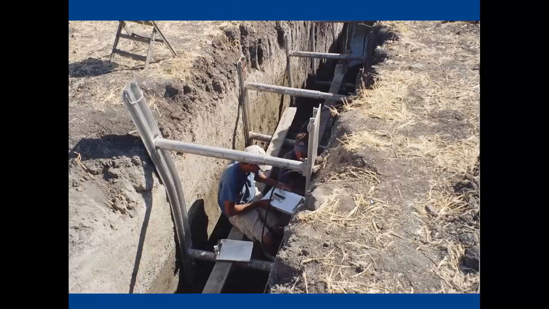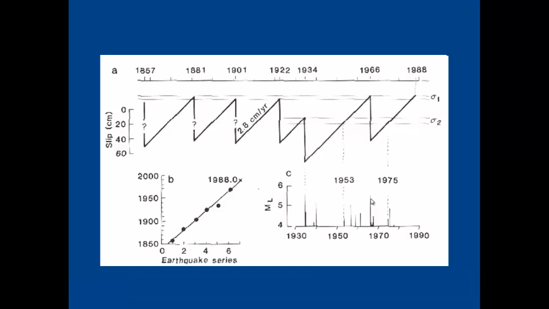The way to map this out is to actually trench across the fault and map the layers that are offset from earthquakes that had occurred in the past. So once you find the fault, you can actually see layers where they break and cut across each other. And what we found there is that in 1857 there was a big earthquake. So there's a large offset that occurred, maybe as much as 50 or 60 centimeters.